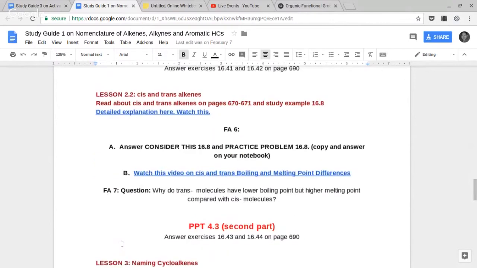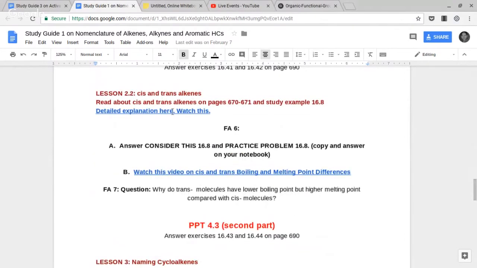For the cis and trans alkenes, we've had a very detailed discussion about how we draw them. So I will task you to watch the video about cis and trans alkenes again, because that's still part of the lessons on organic compounds. Just to give you an overview, a cis alkene means the groups attached to your carbon-carbon double bond are all on the same side.